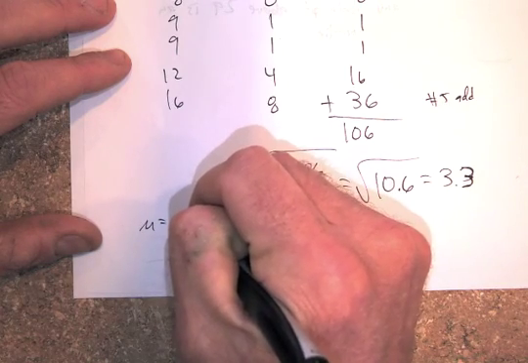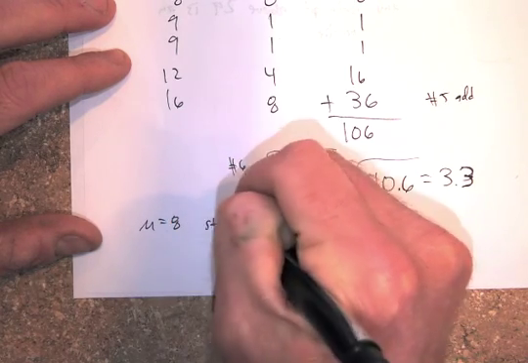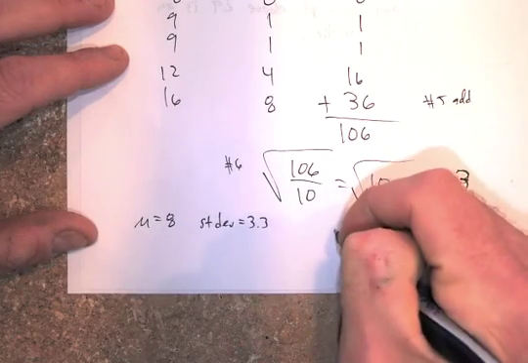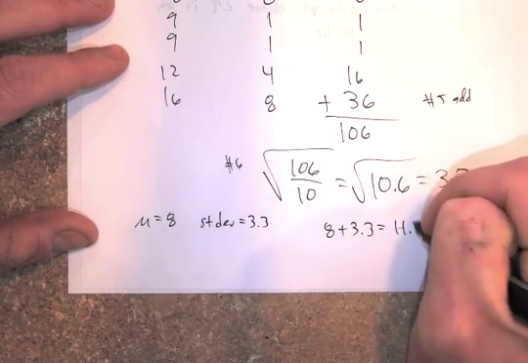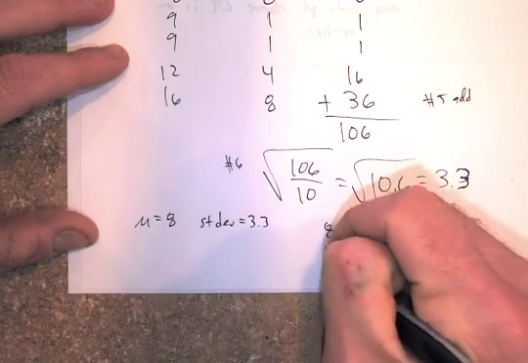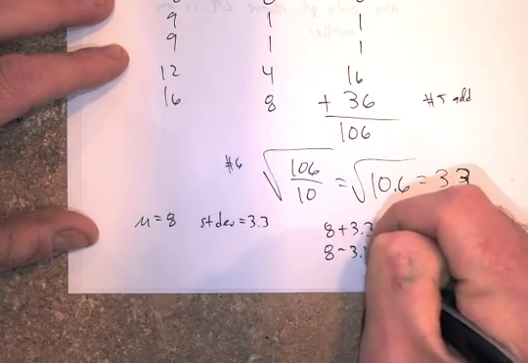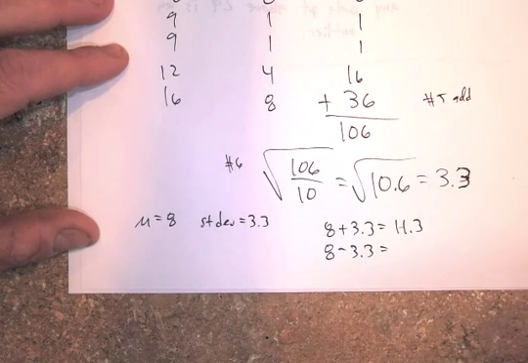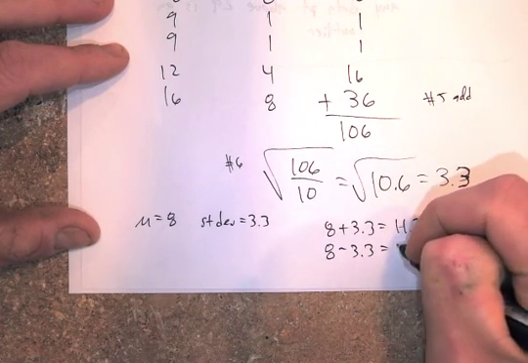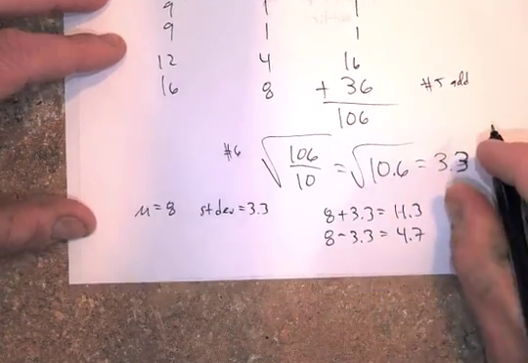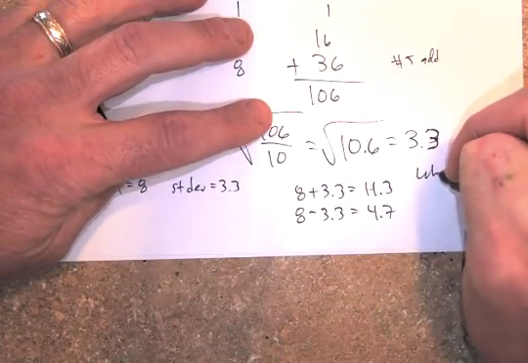Our standard deviation is 3.3. So I'll say, well, let's go one above. So 8 plus 3.3, 11.3. That's 1 standard deviation above the mean. What's 1 standard deviation below the mean? 3.3 subtracted from 8 is 4.7, right? 4.7.